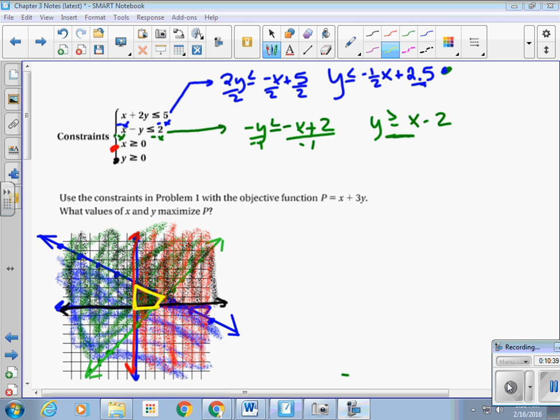Now we need to pick out our vertices. So if we look right here, one of our vertices is going to be at 0, 2.5. So I'm going to list my vertices over here.